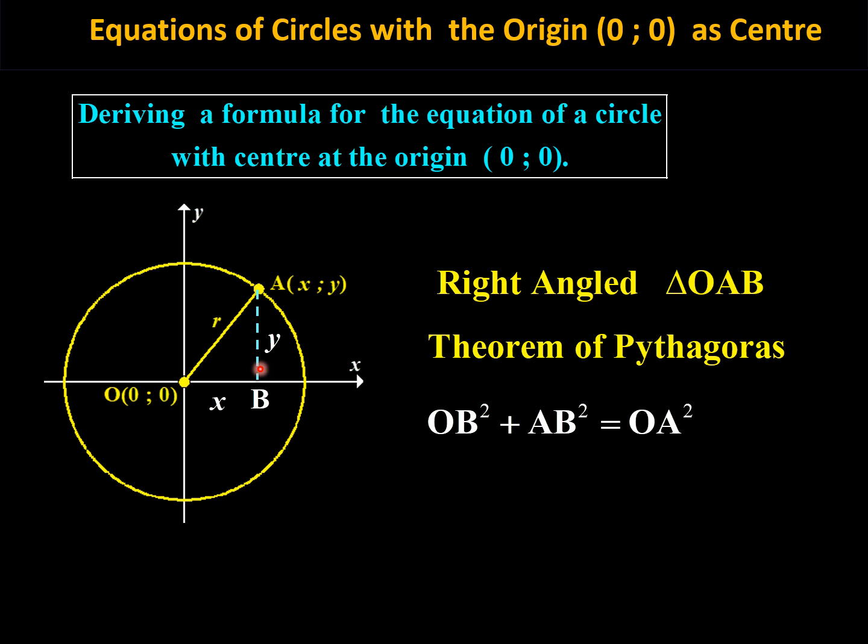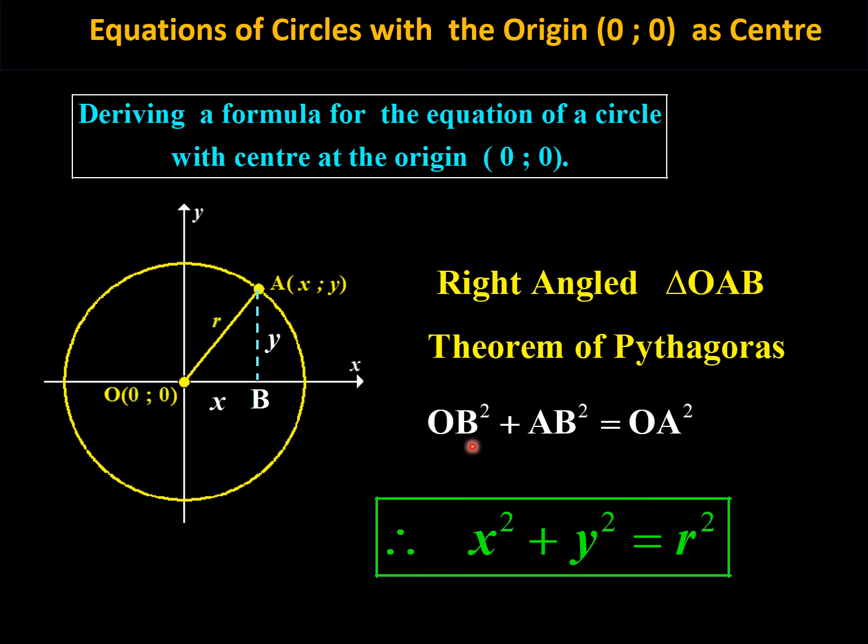We see OB squared plus AB squared is equal to OA squared. But OB is x, AB is y, and OA is the radius. So there we have a formula for the equation of a circle with the center at the origin. If the center is at the origin, this is the equation of a circle that we will use.